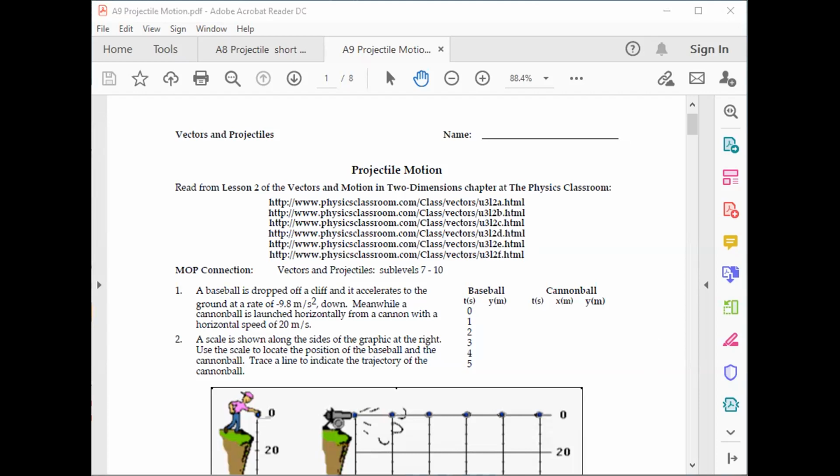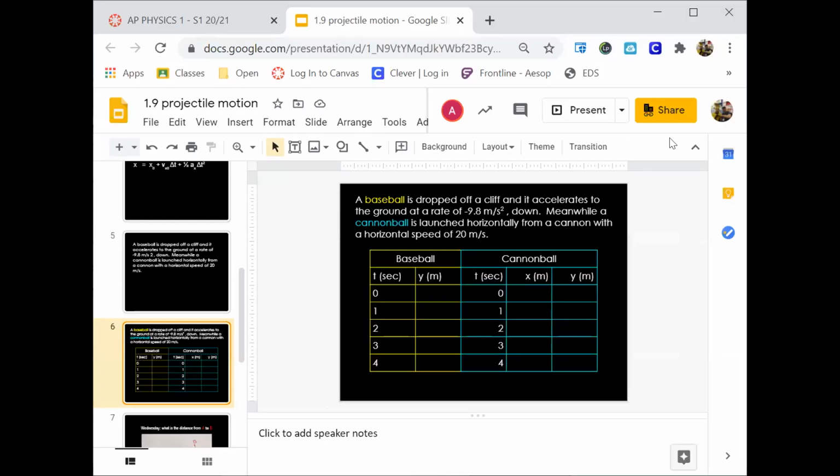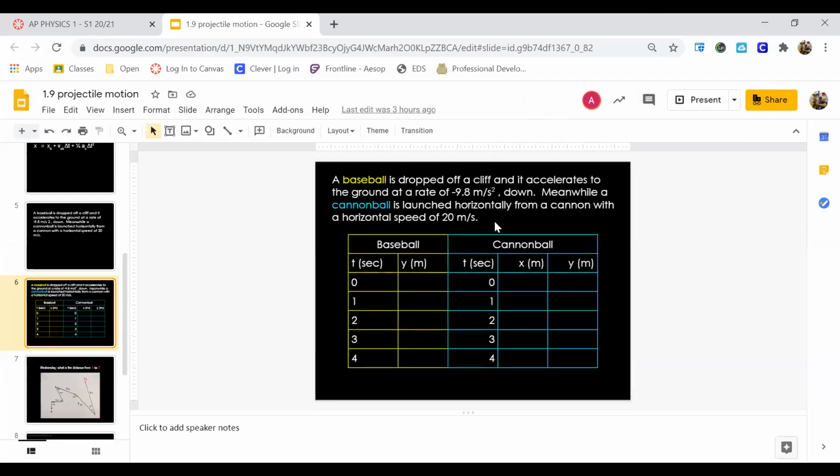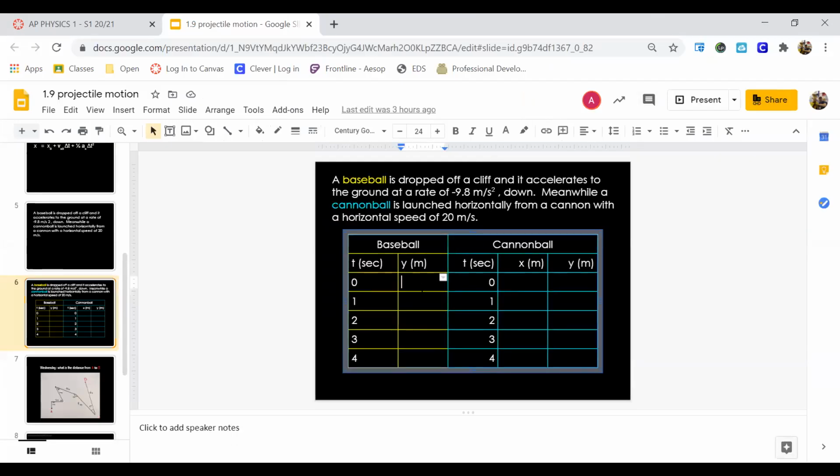And if we come over to the one I can type on, we're going to see that this was 0, 0, and this one we said in the y was negative 4.9, which means this was also negative 4.9.